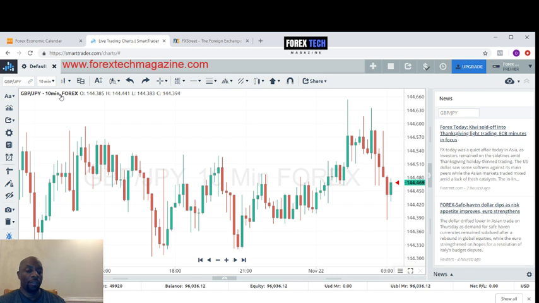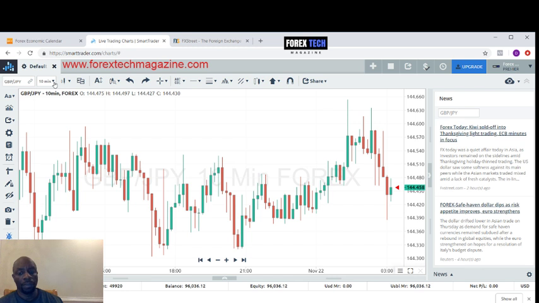Because once it's in a definable trend and you actually see it trending upward or downward, you can place your entry points and your stop loss more confidently and allow the momentum of the price to get you into the market, and then move your stop losses up accordingly, so that way you eventually have a risk-free trade, and then on the back end of everything, you come out on top in the market. So that's the way I would trade it.